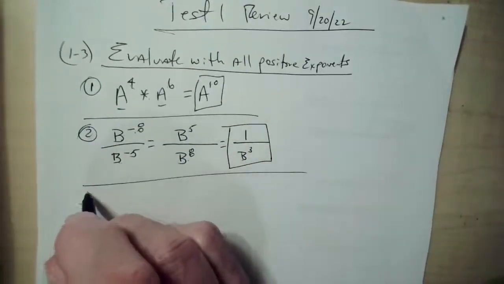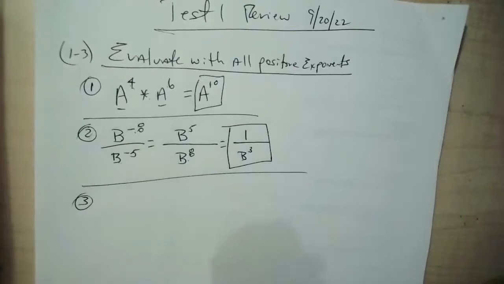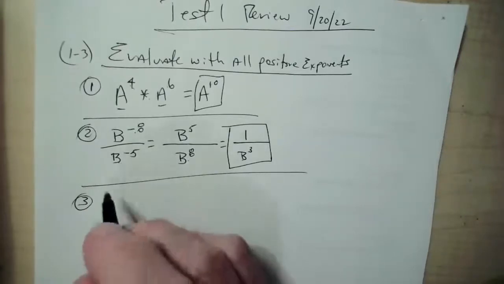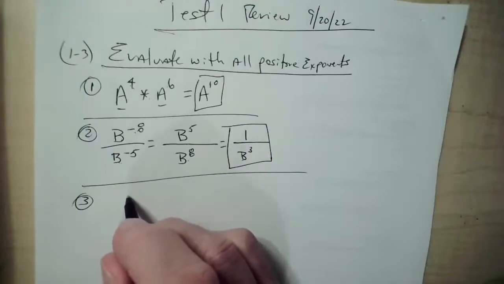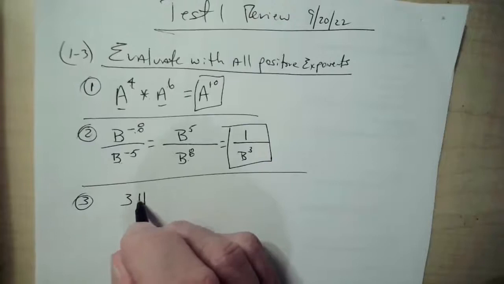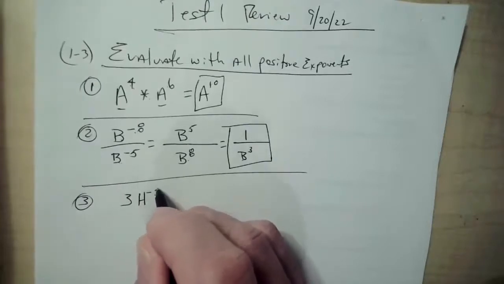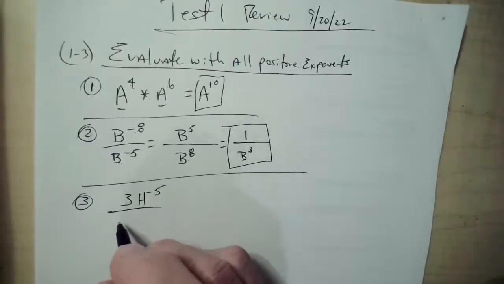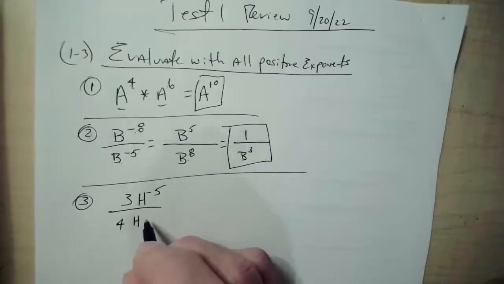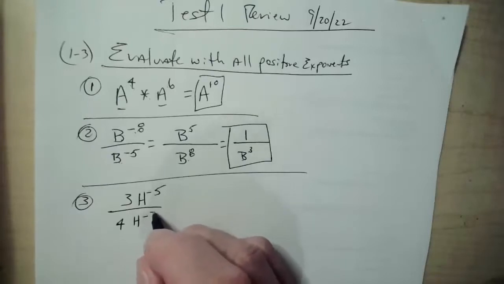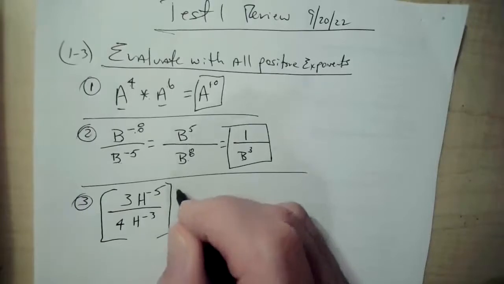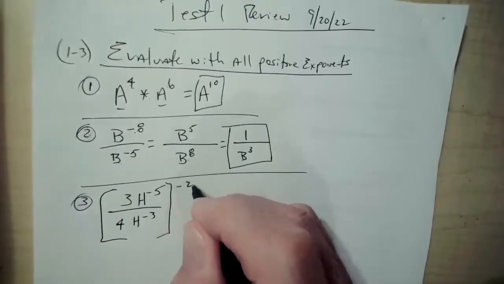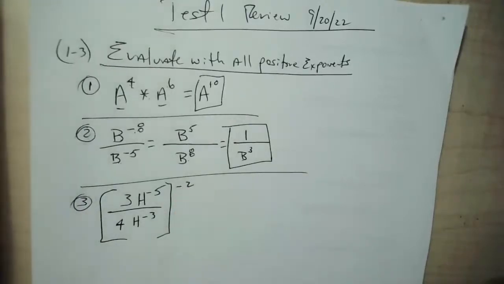Number 3, again, evaluate with all positive exponents. If you have 3h to the negative 5 over 4h to the negative 3, all raised to the negative 2 power.